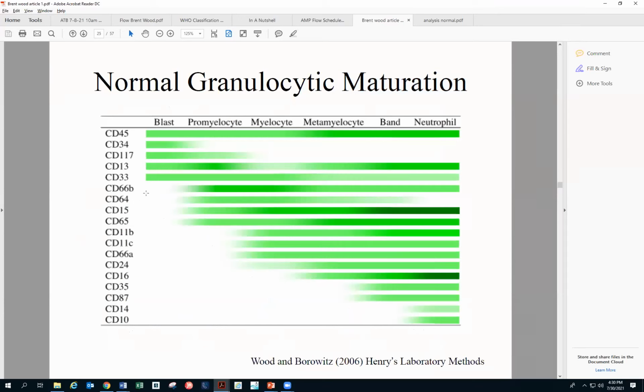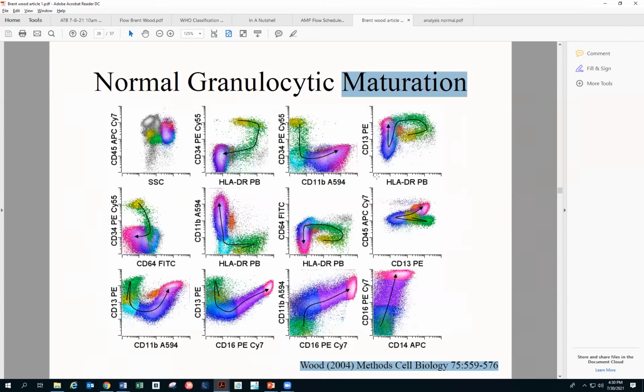So let's see CD64, where did it go? Oh, 64 is here. It is present in the promyelocyte stage, and then it dips. As I mentioned, 64 is more of a monocyte marker than a myeloid marker, but it can be seen in both, as Rajeshwari said.